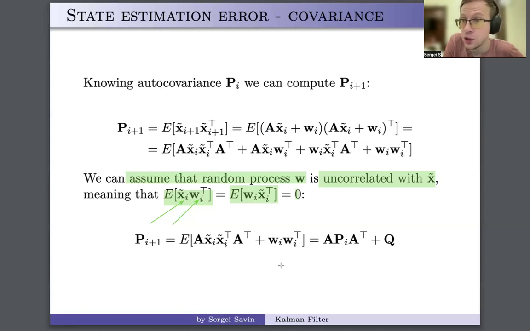In those 1,000 experiments, x sub I tilde will be a random variable, with 1,000 samples. That is the random process in question. You would have 1,000 samples of x sub 0 tilde, the initial state estimation error, and 1,000 samples of omega 1 or omega I or omega 10.